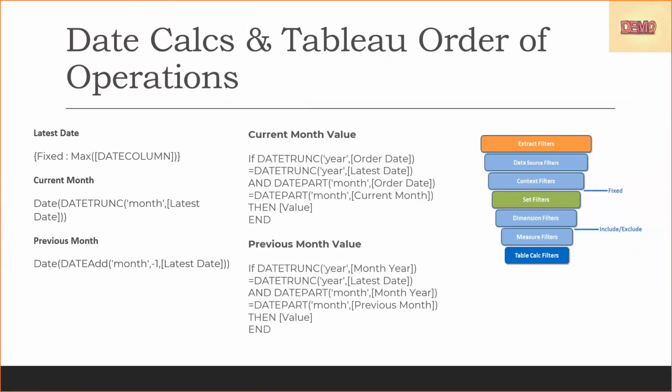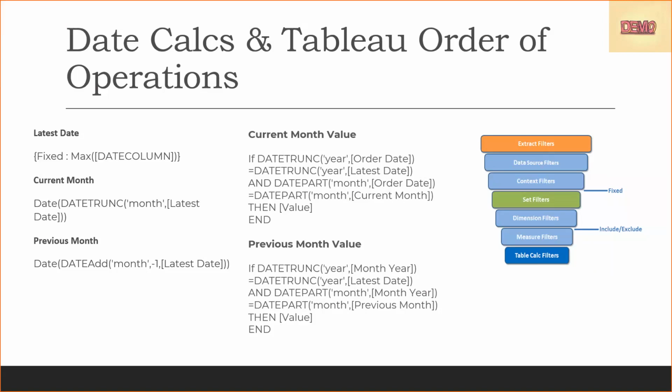You can do this with a fixed LOD expression by getting the max date from the date column, and I have current month, which is, you can see, a date trunc. When I go to previous month, there's the date add formula where you want to subtract from the current month to look at the previous month. And then I have a couple more, how to get the current month value and then the previous month value with some formulas here.